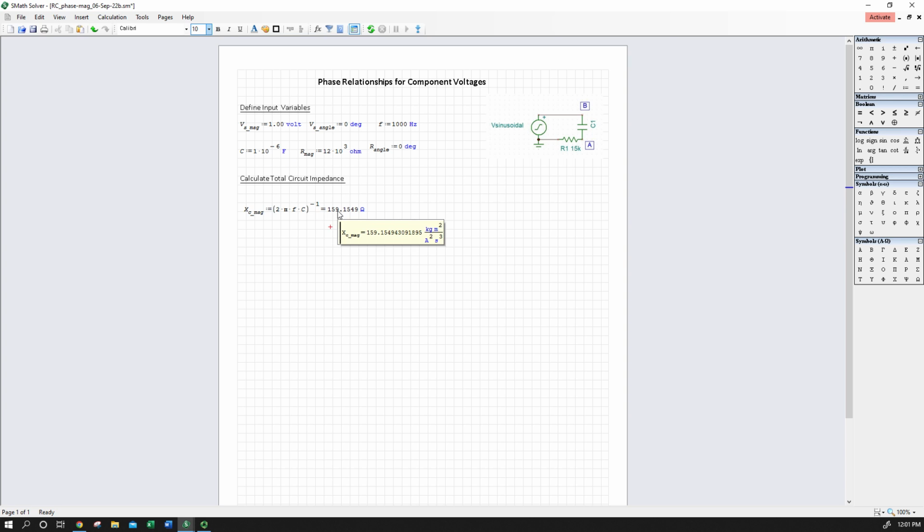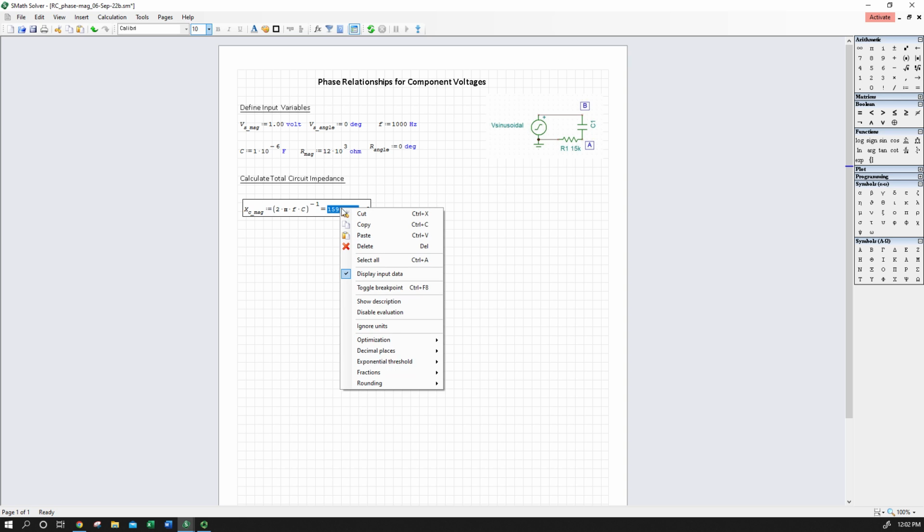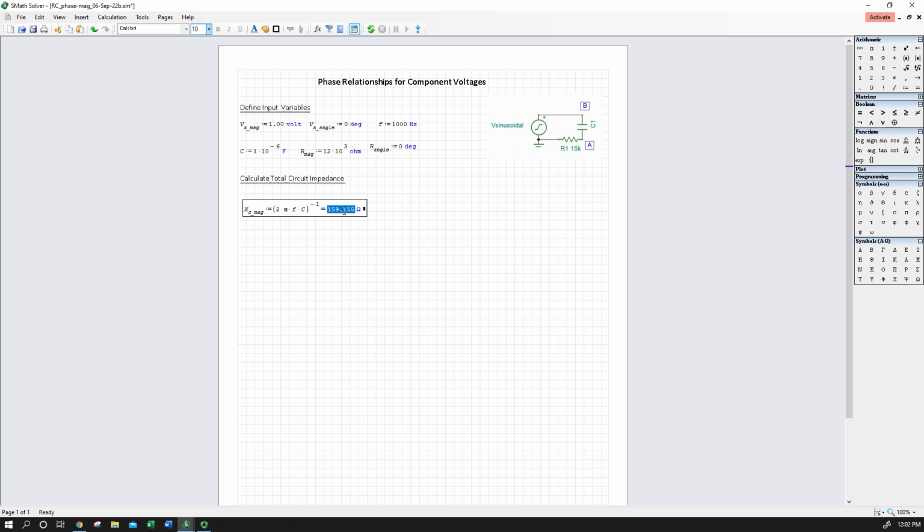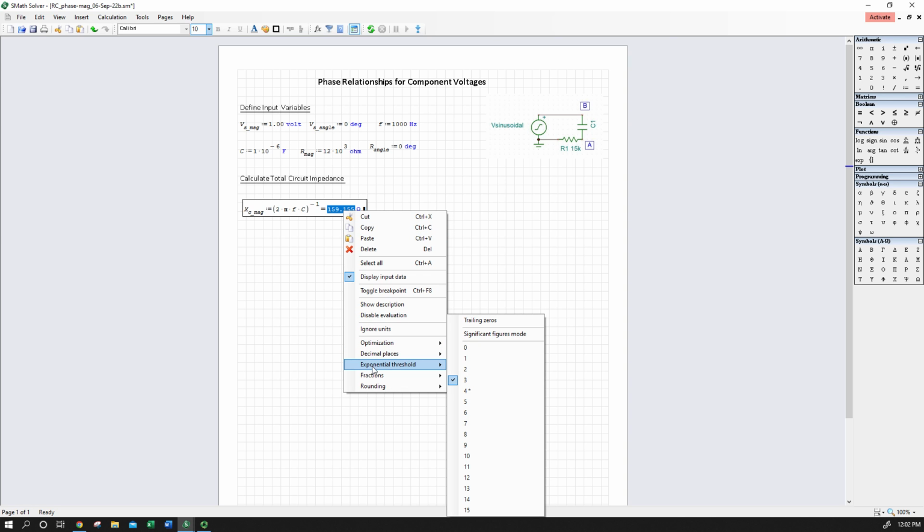Now that's an awful lot of decimal places to keep in mind. We can keep them here. We might want to limit that, so we can double click and then right click and say maybe I only want 3 decimal places. And I might want to express this in scientific notation so I automatically have an idea of how it compares to other things.